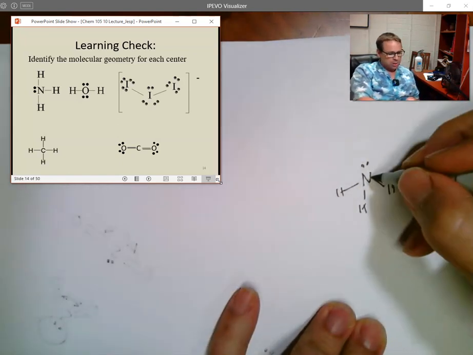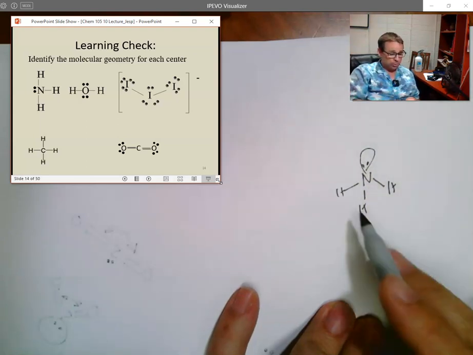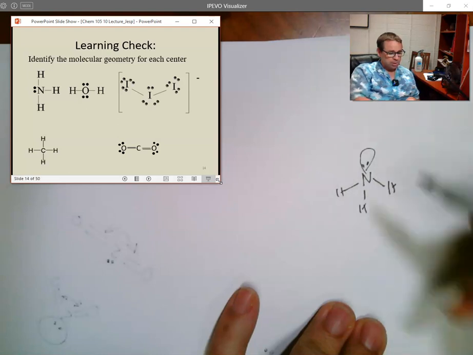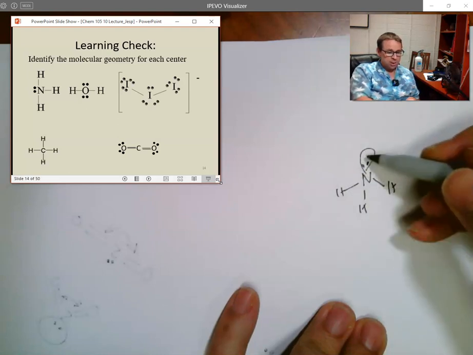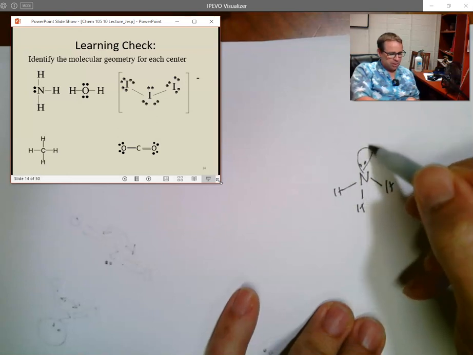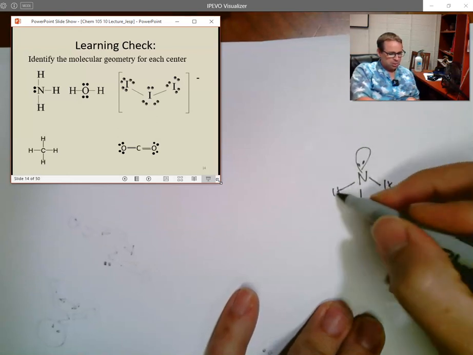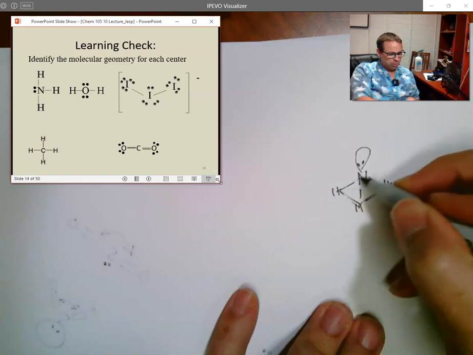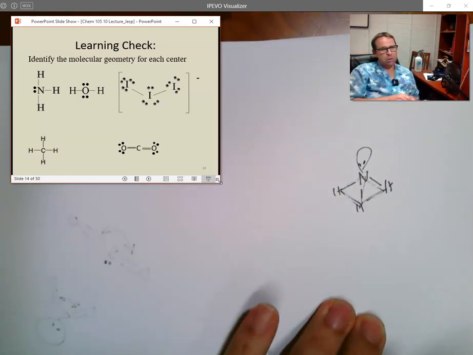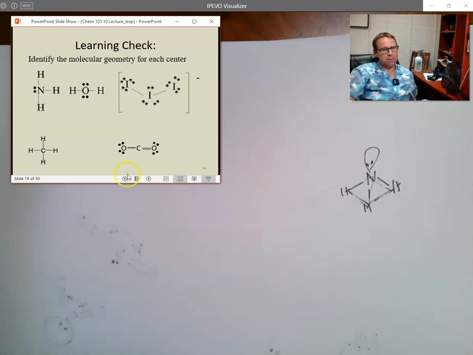After I've drawn this, I can, in my own mind at least, and hopefully you can too at some point, recognize there's 4 regions. So it's taking up a tetrahedral shape, but the resulting compound, not counting the non-bonding electrons, looks like a triangular pyramid. So trigonal pyramidal is the name of the shape of this compound here. Does that make sense, Katie?